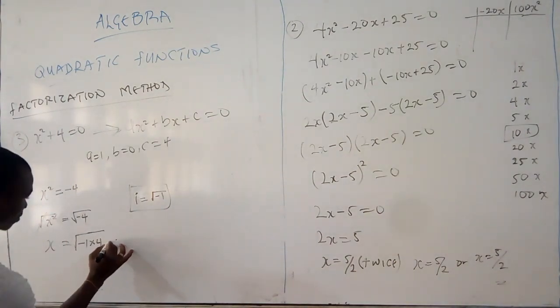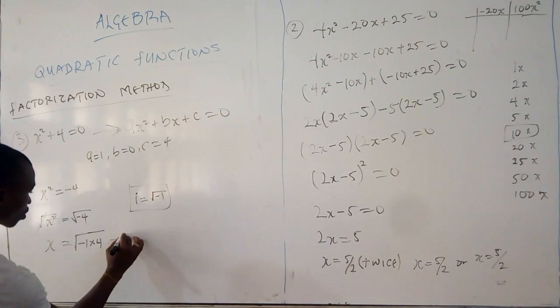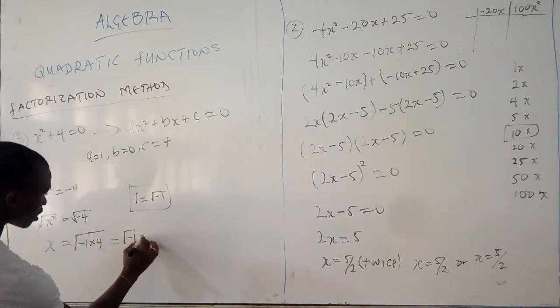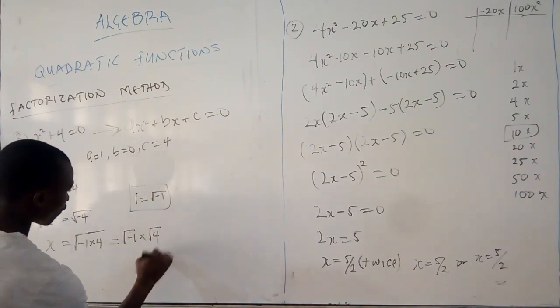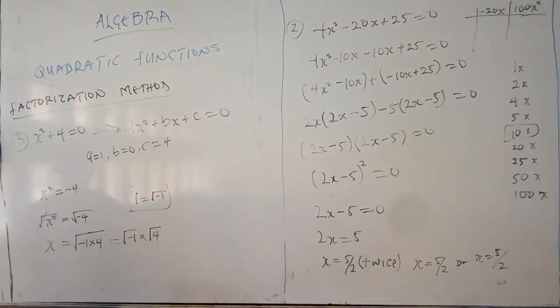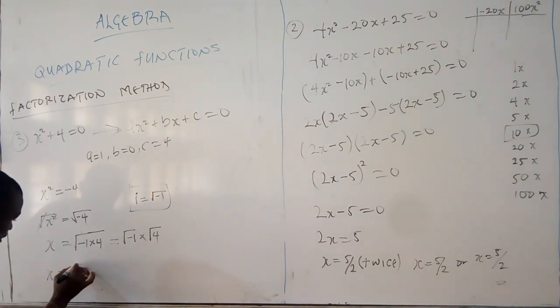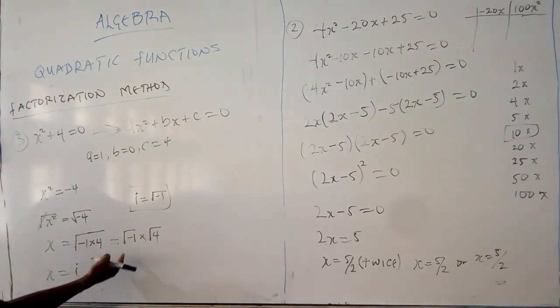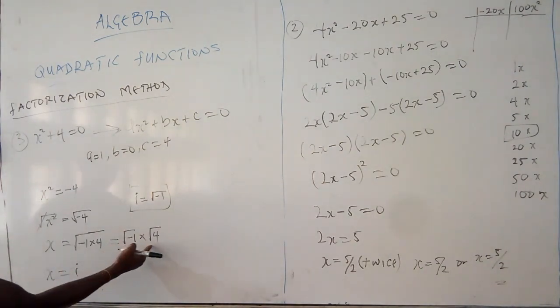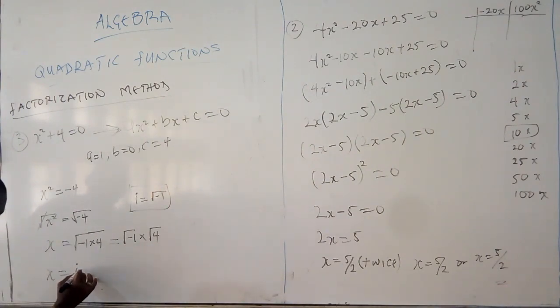So it is the same thing as root of minus 1 times root of 4, from indices. You split them into 2. So your x is equal to, as I said here, imaginary i. So this is equal to i. Then we have root of 4, it is 2.